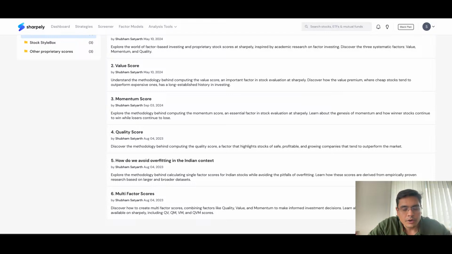The scores were always updated on a daily basis, but they were stored on a monthly basis. Now they are also stored on a daily basis, and we'll add a function in both factor model and screener where you can access the score as of last month.